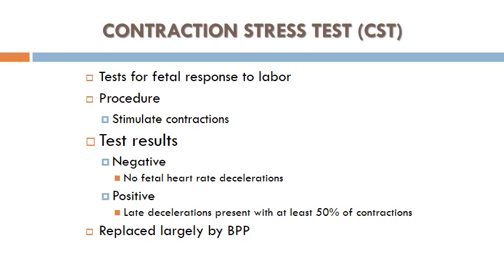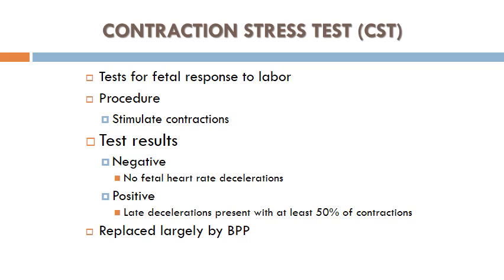One is nipple stimulation, or they can infuse a dilute IV solution of oxytocin or Pitocin, as you might know it. An unhealthy fetus will develop what we call non-reassuring fetal heart rate patterns in response to uterine contractions. Late decelerations are indicative of uteroplacental insufficiency, and that's not a good sign.